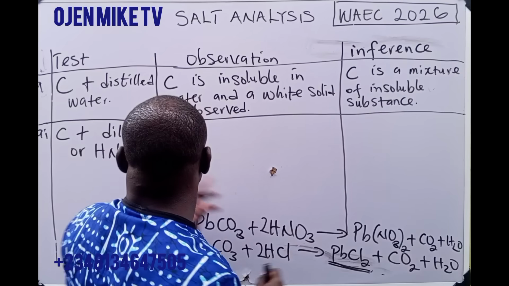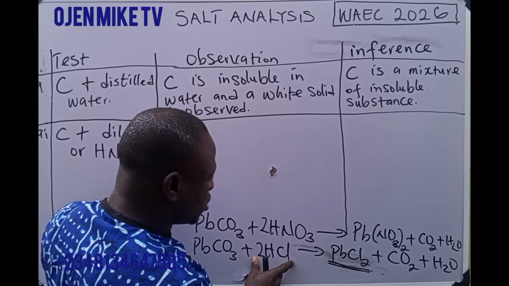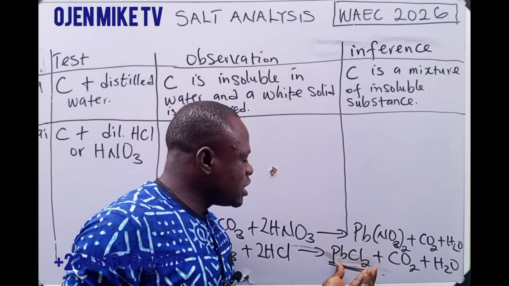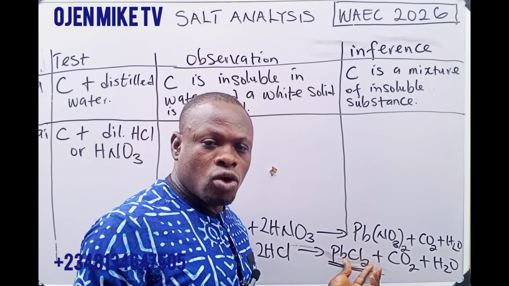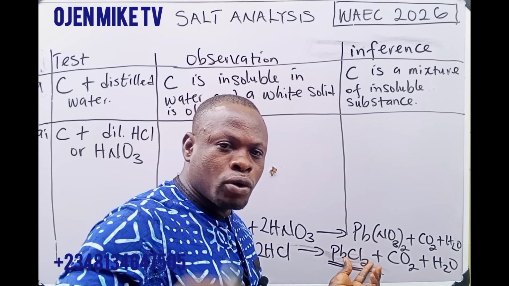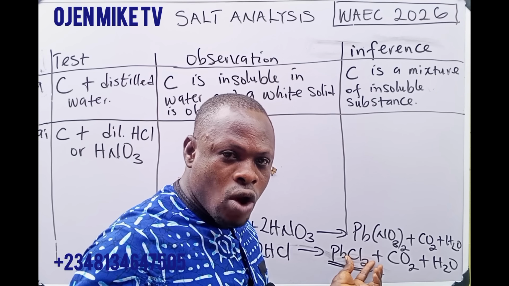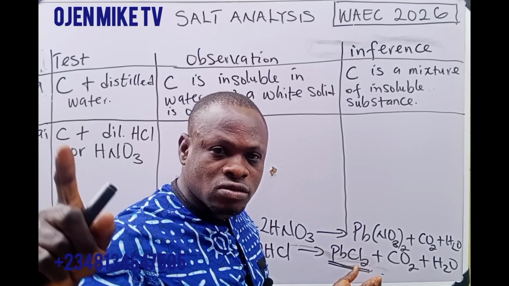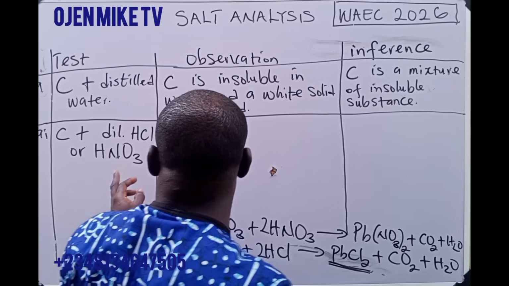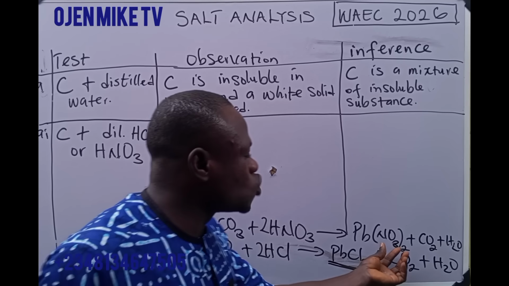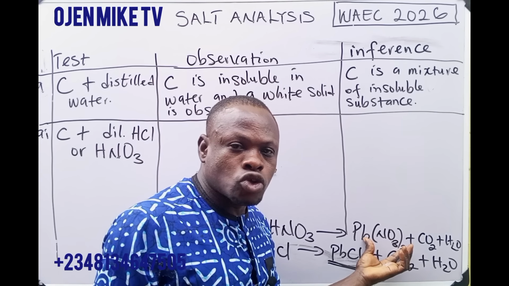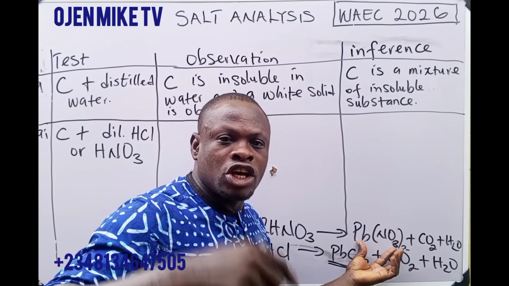So, if you treat this substance with HCl, what you are going to see is lead chloride, and a white precipitate will occur, which you need to treat with heat. But if they ask you for HNO3, there is no need for that because this substance is soluble. So it's just for you to filter it because it contains starch.